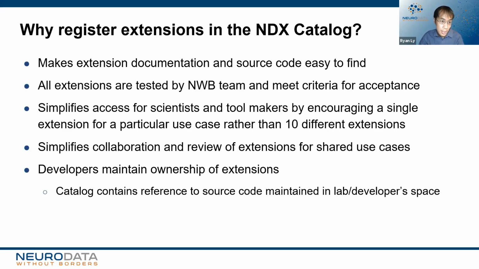All extensions in the catalog are tested by the NWB team and meet criteria for acceptance, so there's some basic quality control for all extensions in the catalog. And importantly, registering your extension simplifies the access for scientists and tool makers by encouraging one single extension for a particular use case or type of data, rather than 10 different extensions.